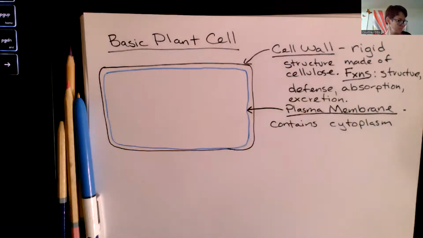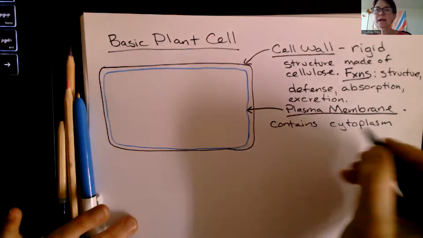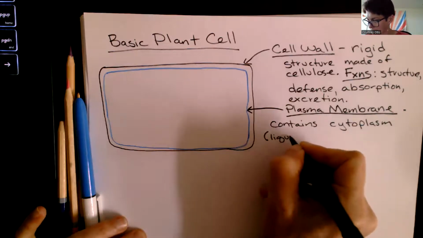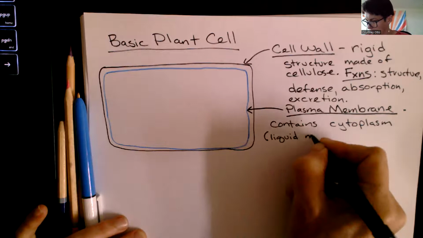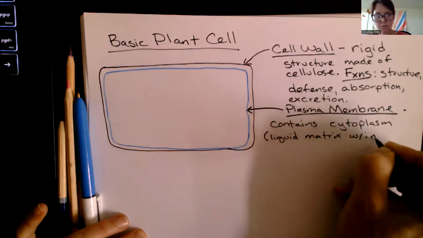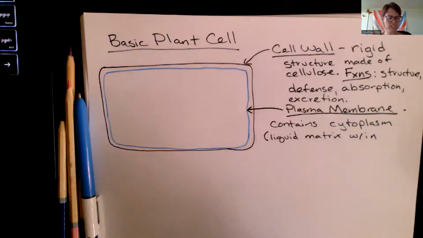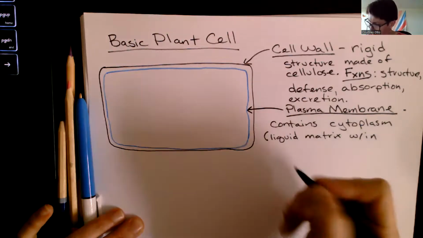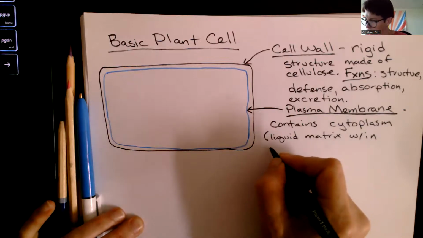And the cytoplasm is really going to be the liquid to gel-like matrix within the cell. So that's going to be that liquid matrix within the cell, and it's going to contain the organelles.